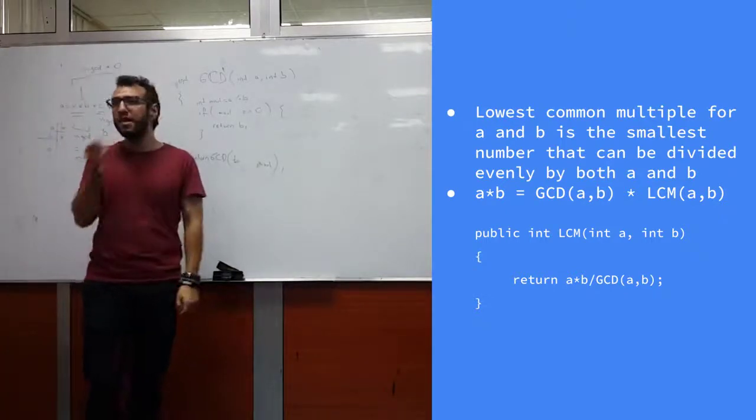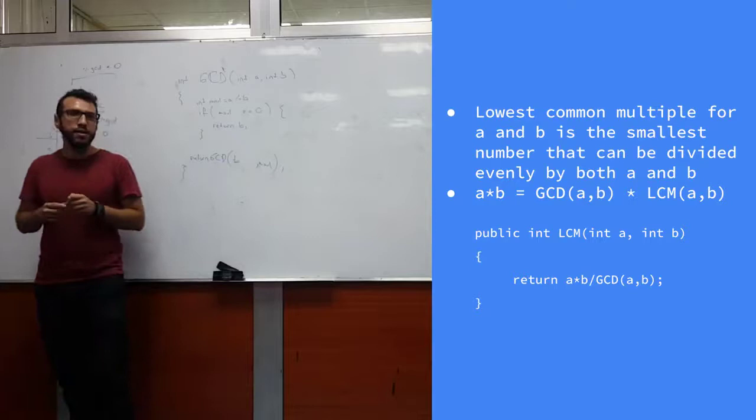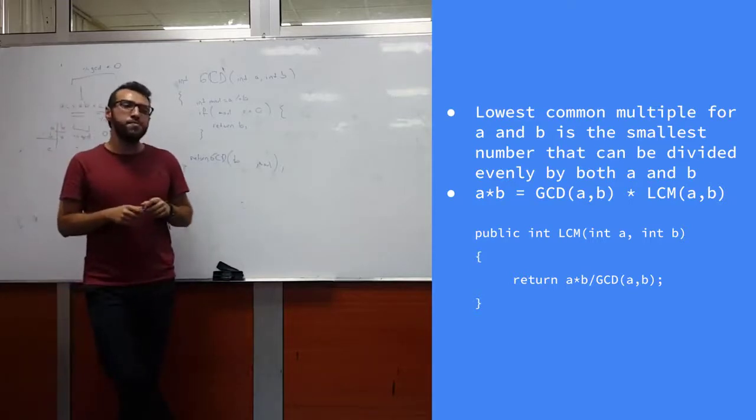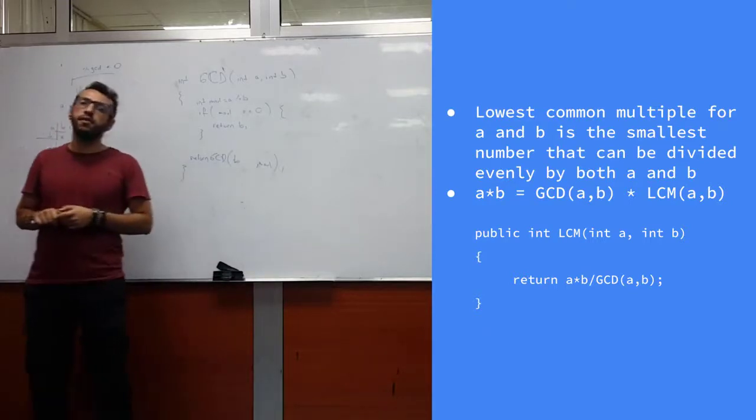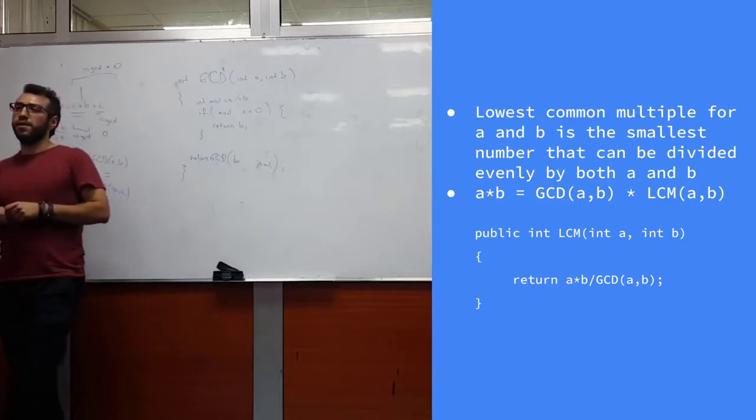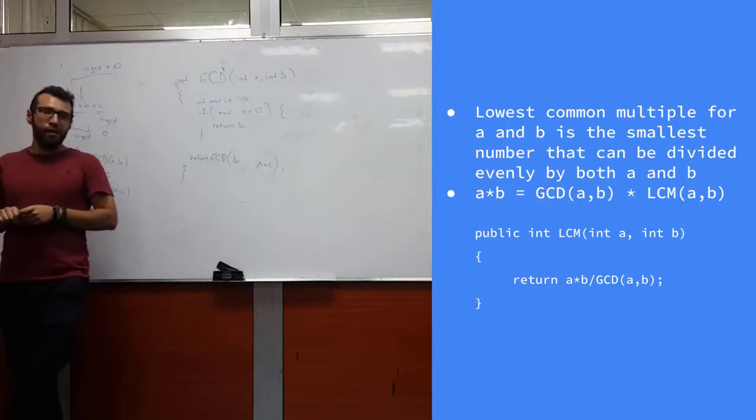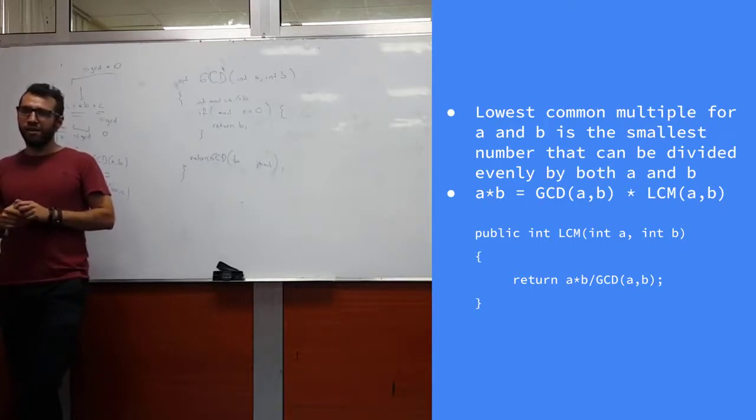Basically the multiplication of these 2 numbers is equal to the multiplication of greatest common divisor and lowest common multiple. Why is that? Why is there such magic?